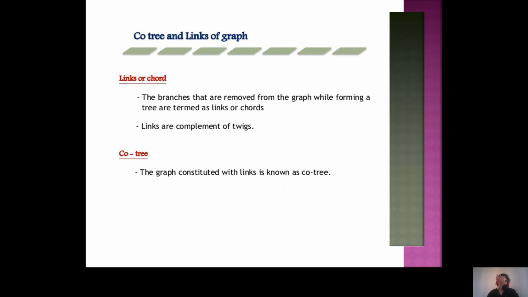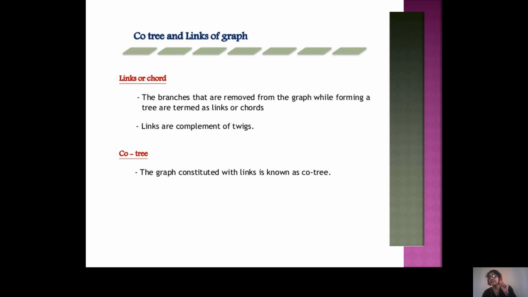So next, what is co-tree and the links of the graph? Links or chords, it is called. The links are the remaining branches in the tree network, the branches that are removed from the graph while forming a tree. A tree connects all the nodes without forming a loop.